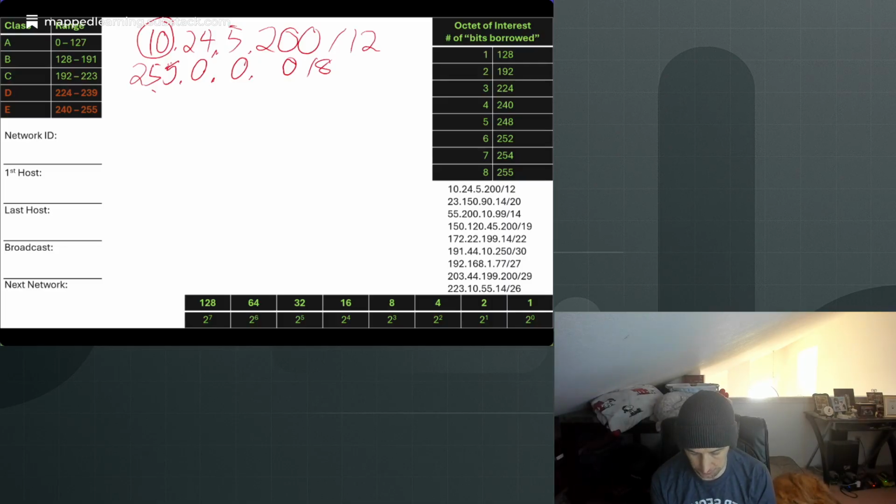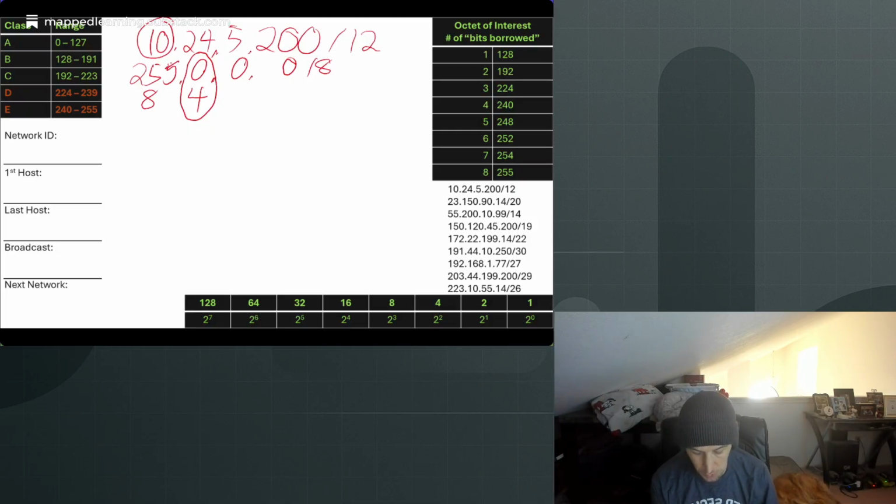So here is 8 bits, and here would be another 8 bits, but 12 minus 8 is 4. So we are borrowing 4 bits into the next octet. So this, off the bat, is our octet of interest, because this is where we are subnetting into. And for now, we can forget everything else.